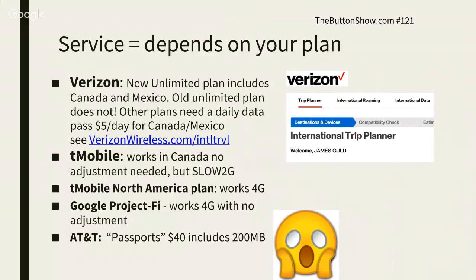T-Mobile worked in Canada just fine, but on slow 2G, except for our T-Mobile hotspot, which happens to be on a T-Mobile North America plan. That was our go-to. It worked well, but most of the time it seemed to me that it was on 3G and not on 4G, although we did have 4G service in some places.